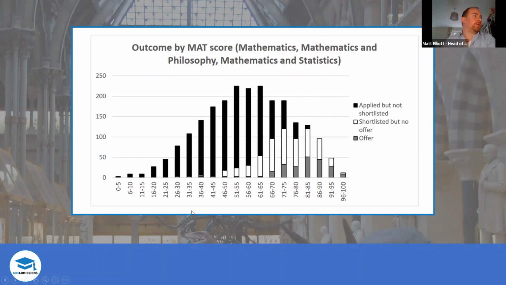You're not getting an interview below a certain score. You get to a certain score where you're guaranteed an interview, and you get to a certain score even where you're more than odds on to get that offer. But those lovely nested curves, you can see how clear the relationship is between the test score and the outcome.